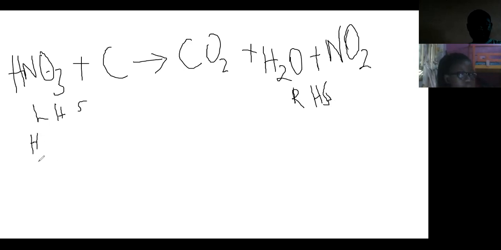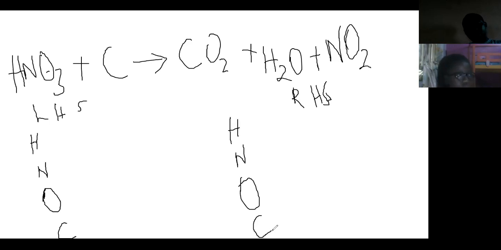Now on the left hand side, you write down all the things you want to balance: H, N, oxygen, and carbon. At this side, you write H, N, oxygen, and carbon.